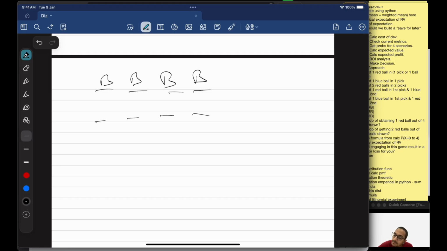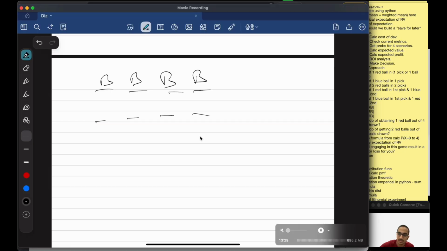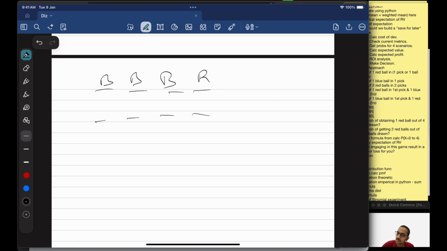If we stick to the question, probability of obtaining 1 red ball out of 4 balls drawn. So let's say I got the last one as red. I can also get this way: blue, blue, red and blue.